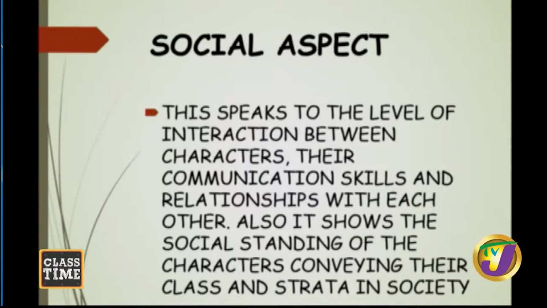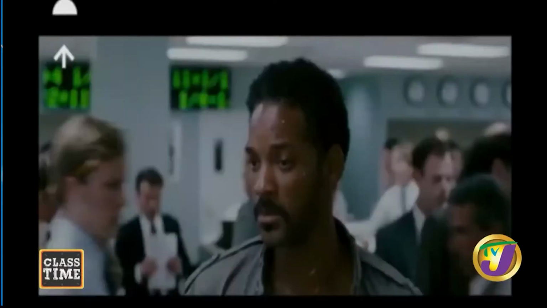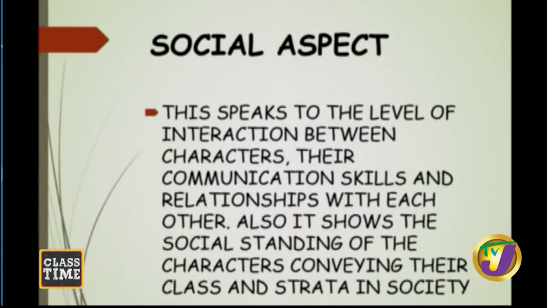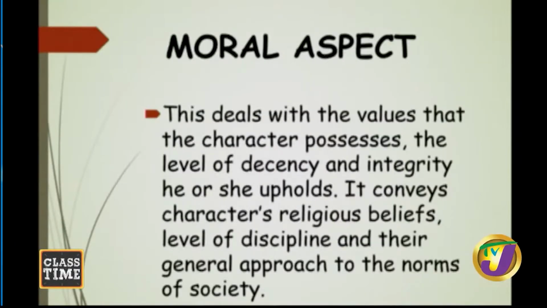The next area that we're going to be looking at is the moral area. The moral aspect of the character deals with the values that the characters possess, the level of decency and integrity he or she upholds. It conveys characters' religious beliefs, the level of discipline, and their general approach to the norms of society.